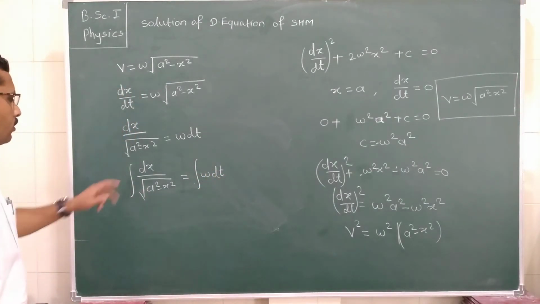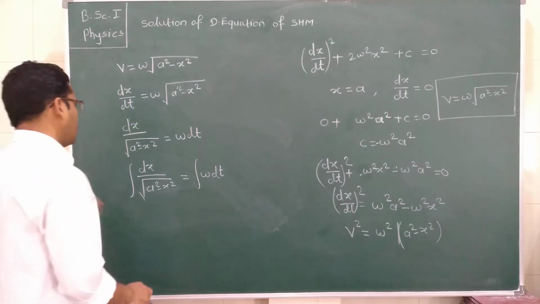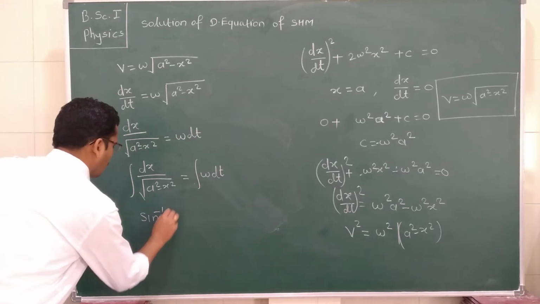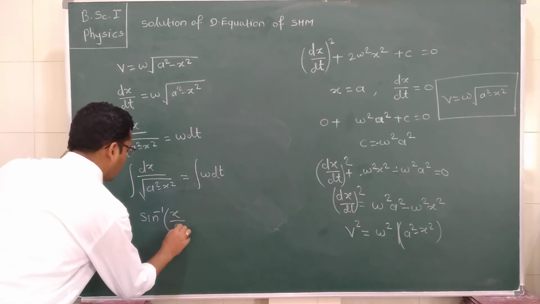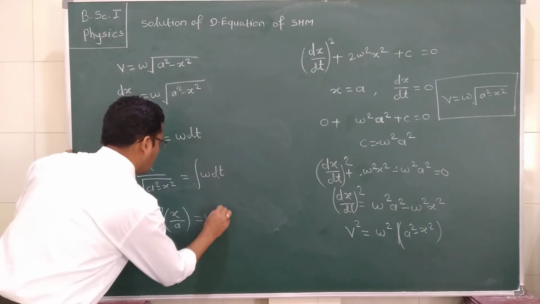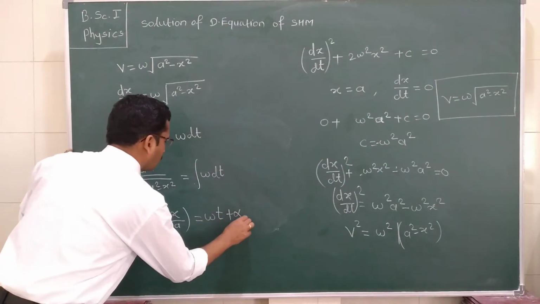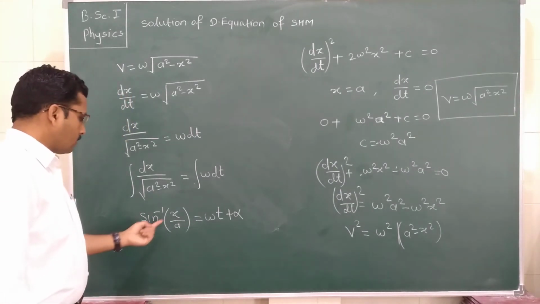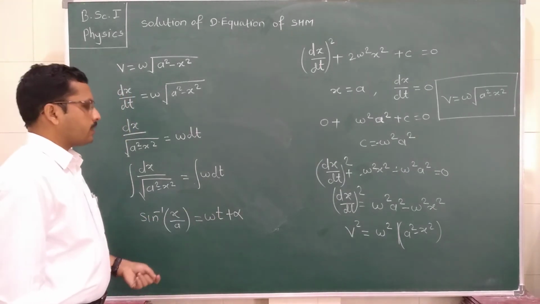So what is the integration of this term? The integration of this term is nothing but the sine inverse of x divided by a, which is equal to omega into t plus a constant of integration alpha. So the sine inverse of x by a is equal to omega t plus alpha.